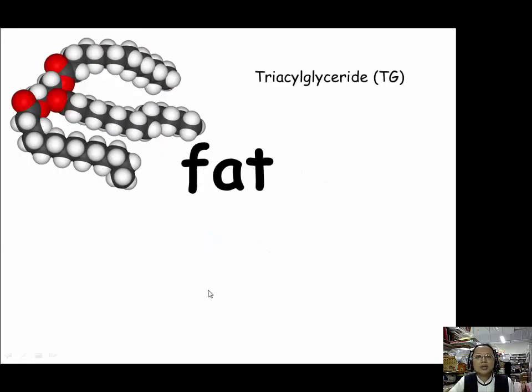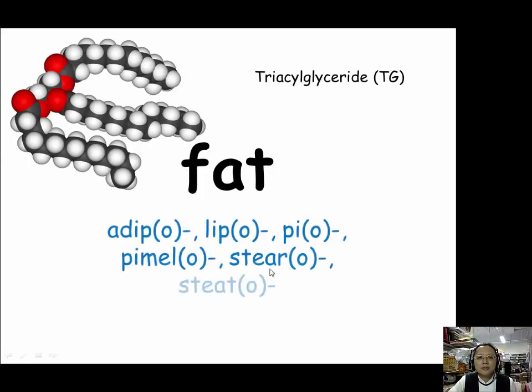M-E-D-U-L-L-O. For fat, we have 6 prefixes: adipo, A-D-I-P-O, lipo, L-I-P-O, pio, P-I-O, pimelo, P-I-M-E-L-O, stearo, S-T-E-A-R-O, and steato, S-T-E-A-T-O.